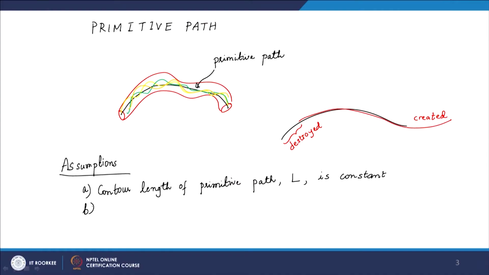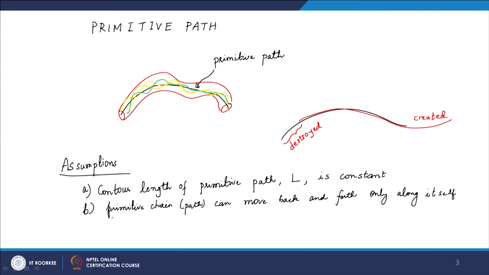And then we also assume that the primitive chain or the primitive path can move back and forth only along itself, that is along its contour length, with certain diffusivity.